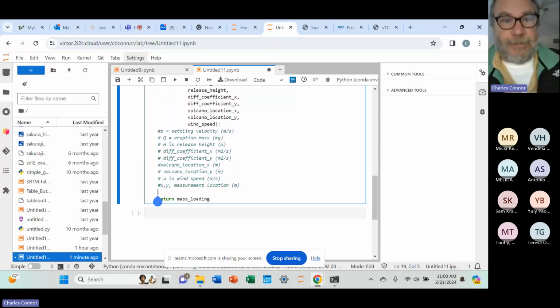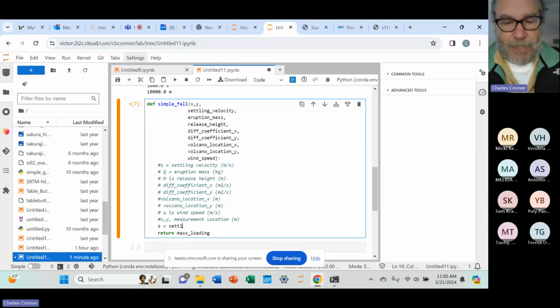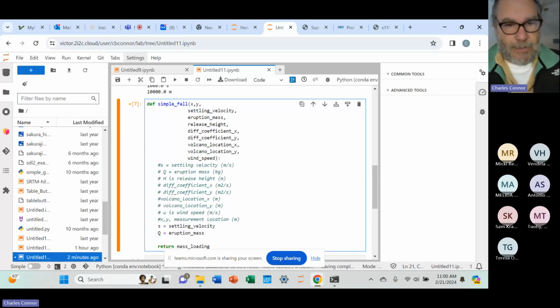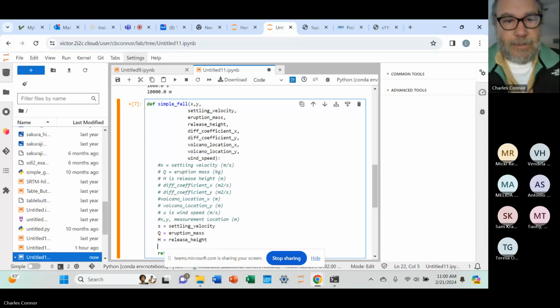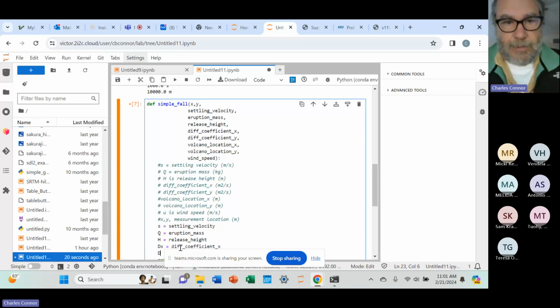So I'm going to say here, S is equal to the settling velocity, and Q is equal to the release, or to the eruption mass, and H is equal to the release height, and let's say dx is equal to the diffusion coefficient in the X direction, and dy is the diffusion coefficient in the Y direction.